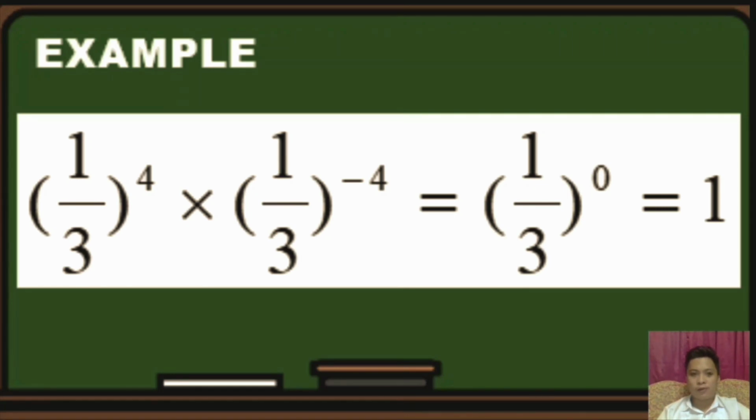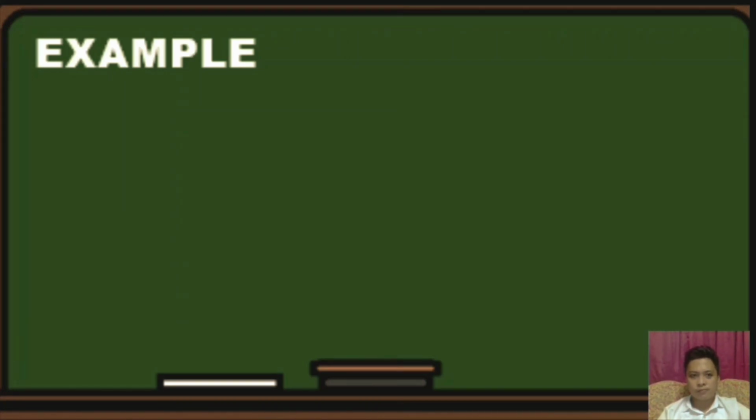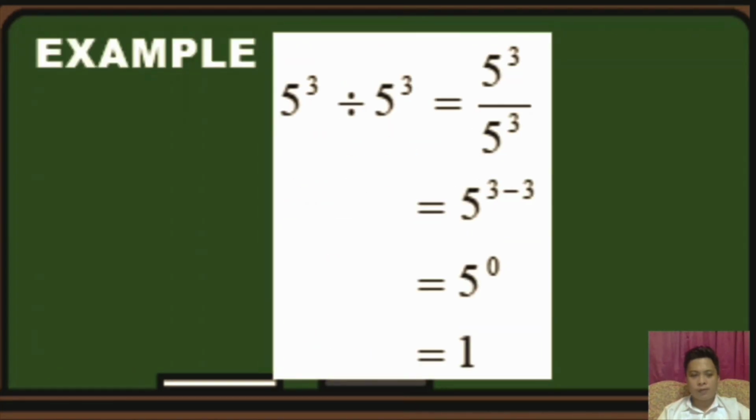The base is 1/3 and the exponent is 0. And we will get 1 because any number raised to 0 is equal to 1. Another example, 5/3 divided by 5/3 is equal to 5 raised to 0. Any number raised to 0 is equal to 1, so 5 raised to 0 is equal to 1.